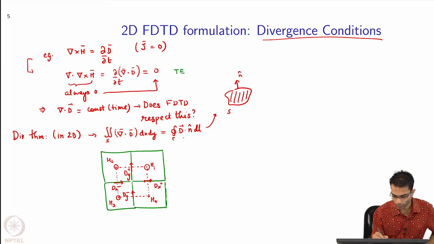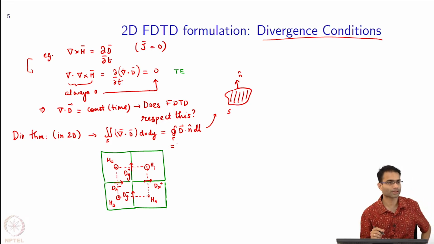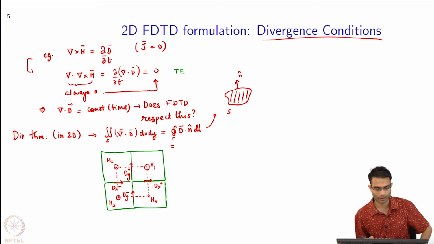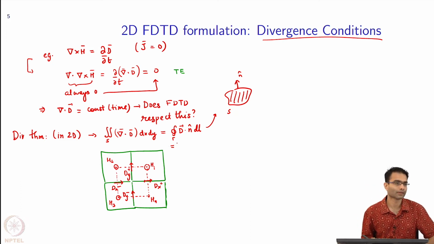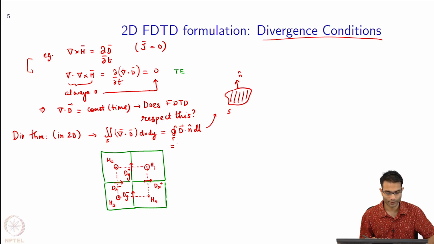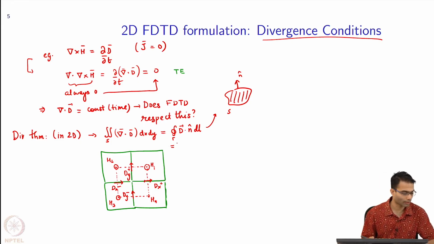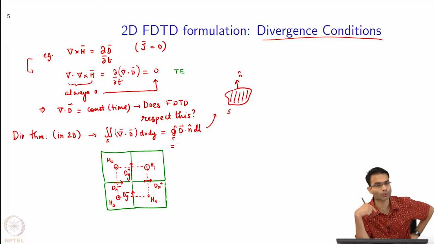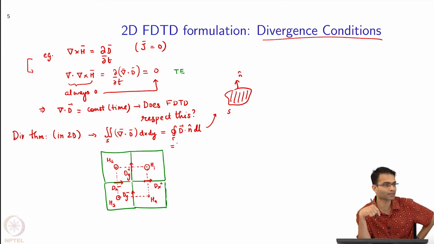So, now what happens to the right hand side? Let us evaluate D dot n hat dl. Let us start from H4 to H1, right. 4 to 1 is the first leg of this.